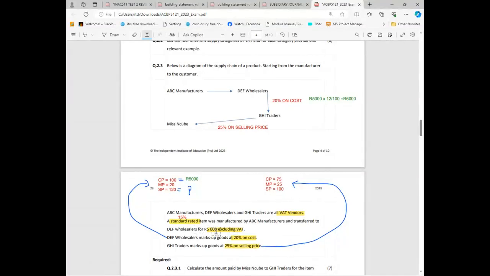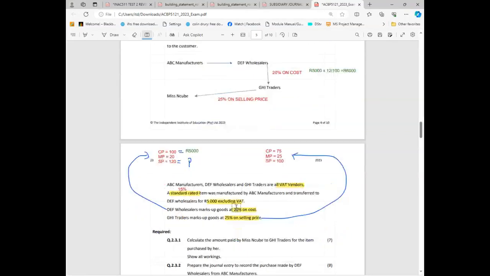So DEF sold to GHI for 6,000 excluding VAT. Now we want to know how much GHI charged Miss Nube. This 6,000 is the cost, so now we must mark it up to know how much Miss Nube paid.